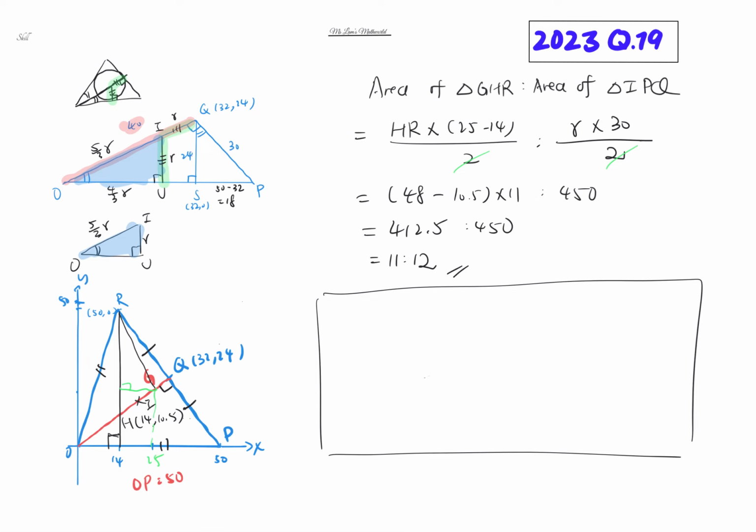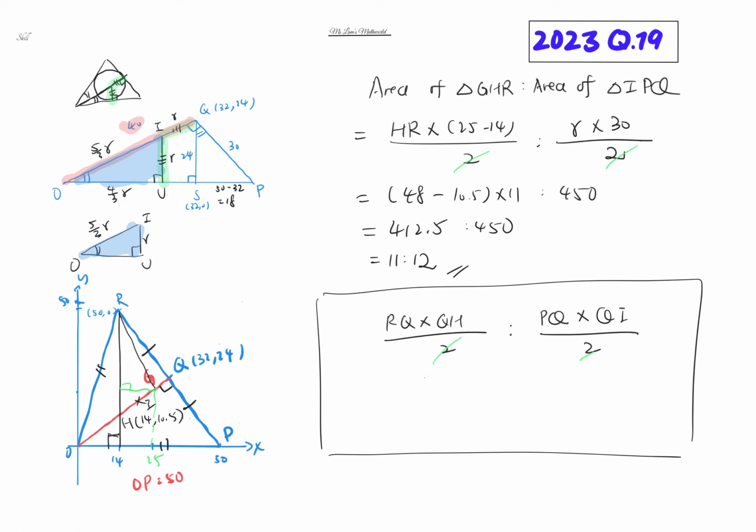Because you get the same base, the area can be RQ times QH divided by 2, and the other one is PQ times QI divided by 2.